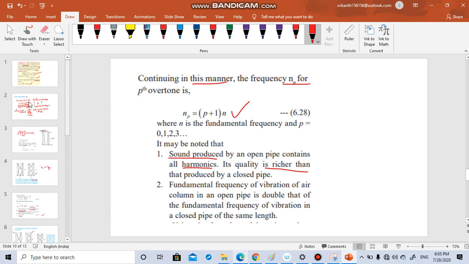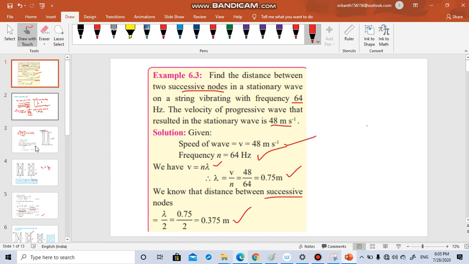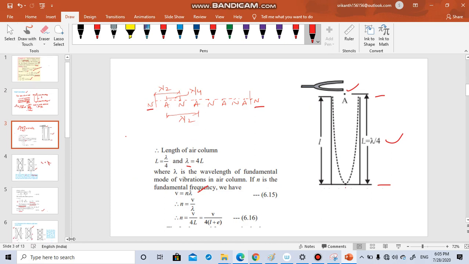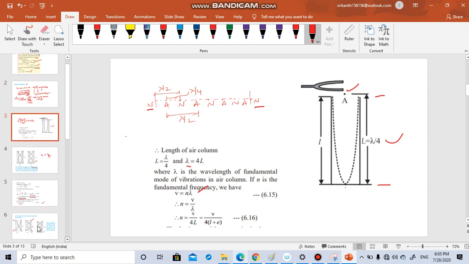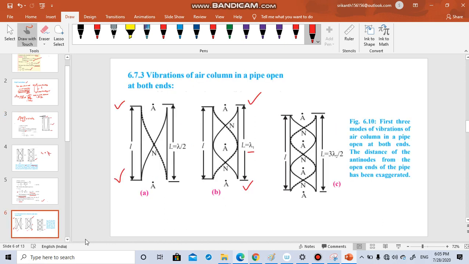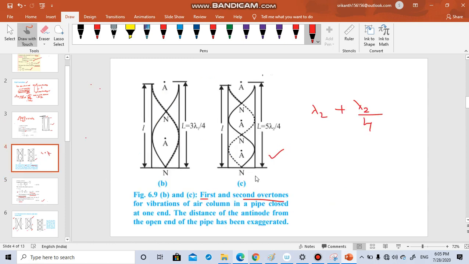When you went to the closed pipe, look here. Here we have calculated the fundamental frequency. It is n divided by 4L, and it was V by 2L there. This is 1 end closed, 1 end free. Remember this value, V by 4L. Here how much is it? It is V by 2L.